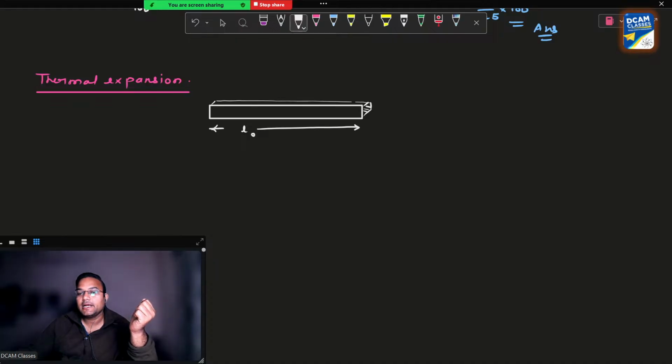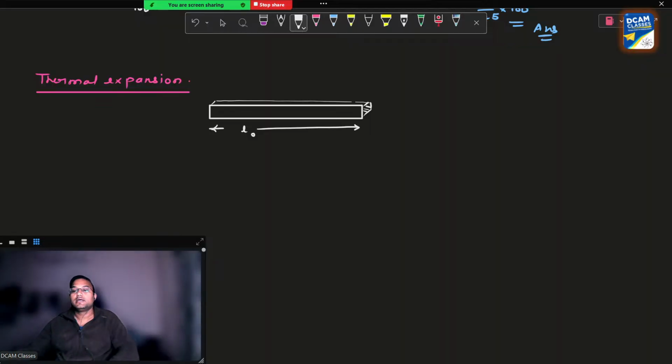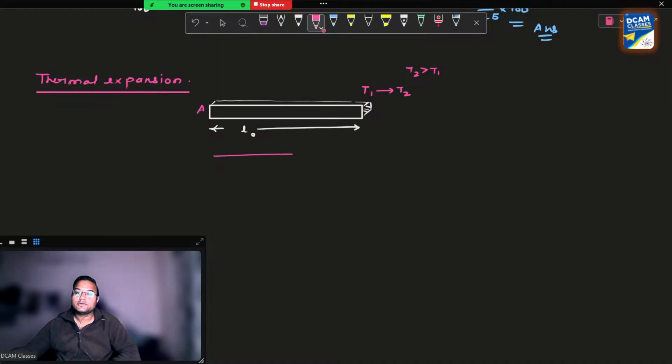But in reality, area also changes. But what we are thinking is that area is not changing here. When we are raising the temperature from T1 to T2, where T2 is greater than T1, the length of the bar actually increases.